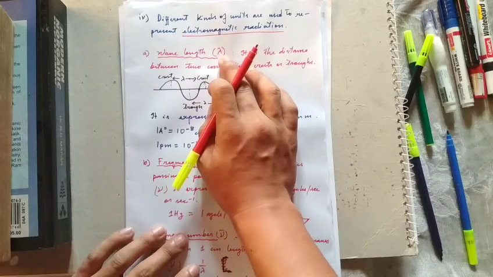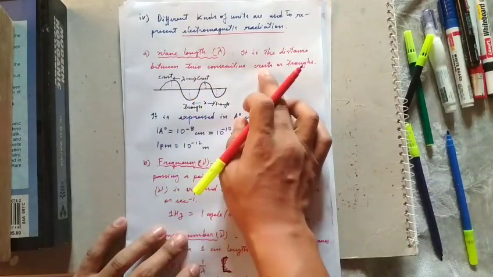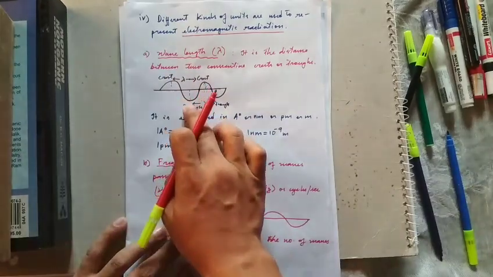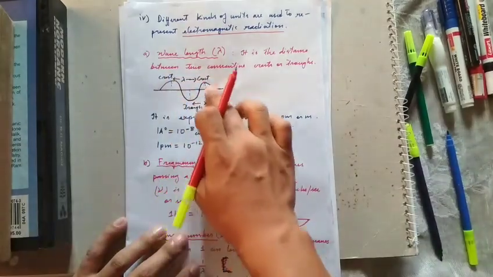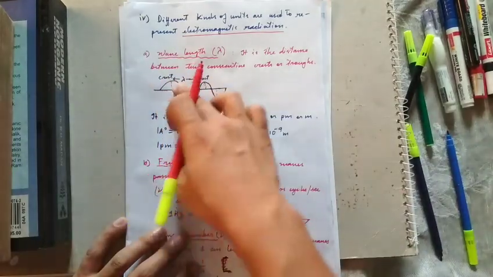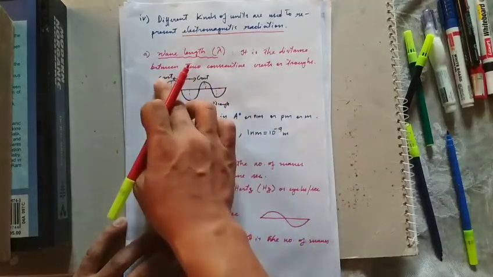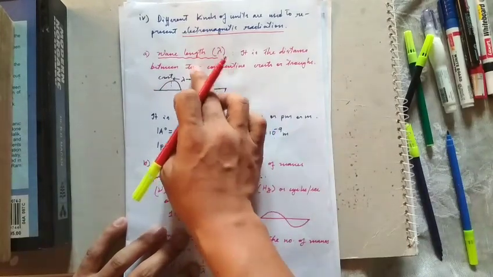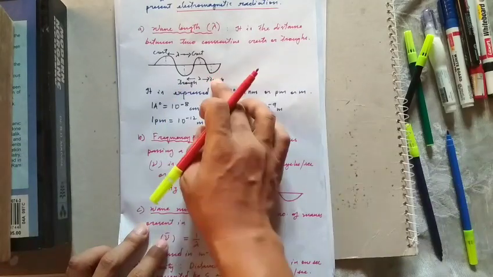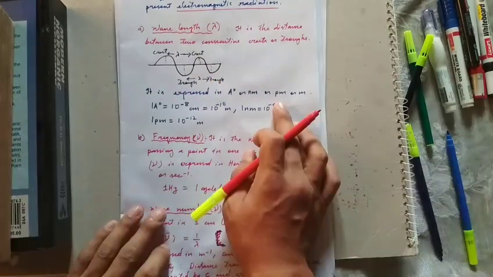This wavelength is the distance between two consecutive crests or troughs. The distance between two crests, or between two troughs, is the wavelength.